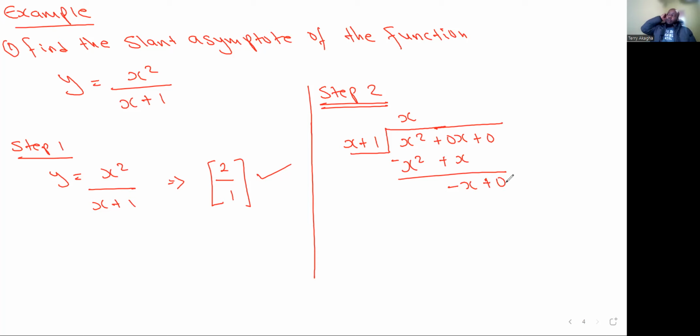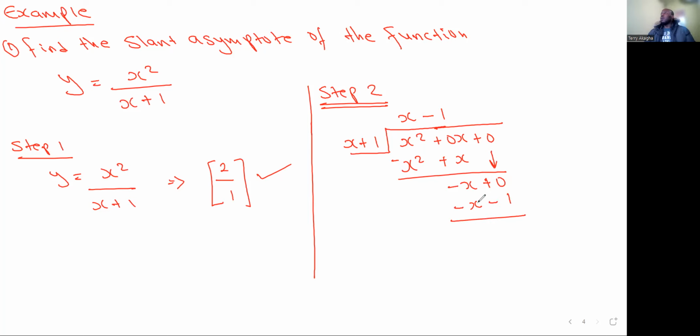Okay, now the next thing, you repeat the process. You divide, you multiply, and you subtract. I talked about this, so please, if you've not reviewed that, go back and have a look again. So x divided by minus x will give you what? Minus 1. Minus 1 times x will give you minus x. Minus 1 times plus 1 will give you minus 1.